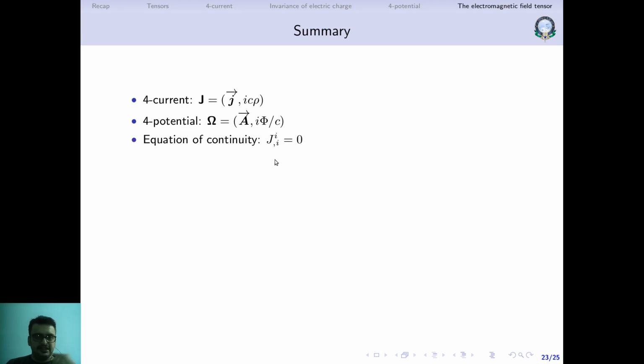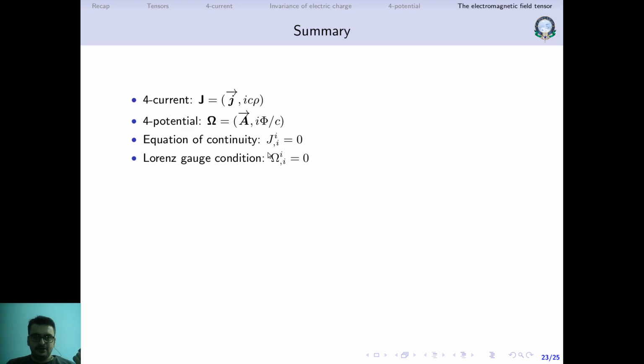Equation of continuity can be written in terms of the 4 current, that is j i comma i is 0. If you take this j, differentiate it with respect to i, and keep the indices the same, you will basically get the equation of continuity. Lorentz gauge condition: omega i comma i is 0. So j is defined this way, j i comma i will give us the equation of continuity.